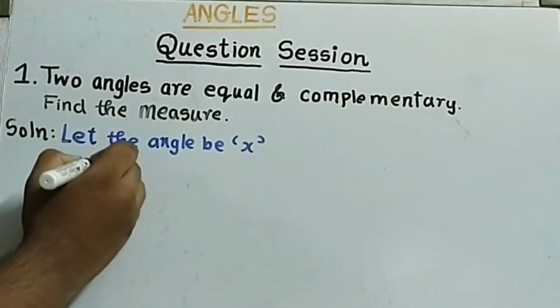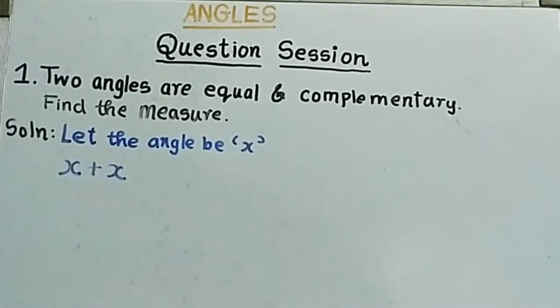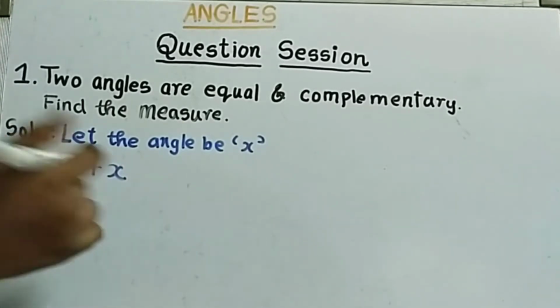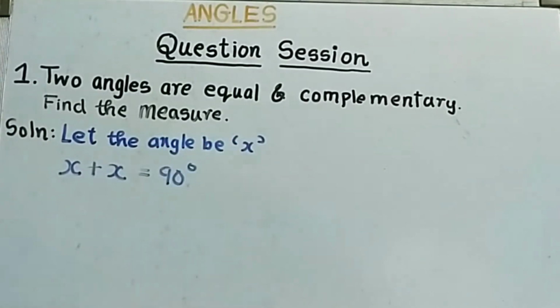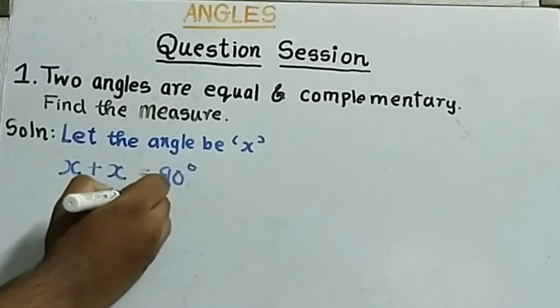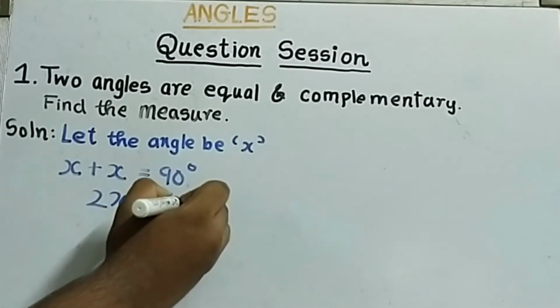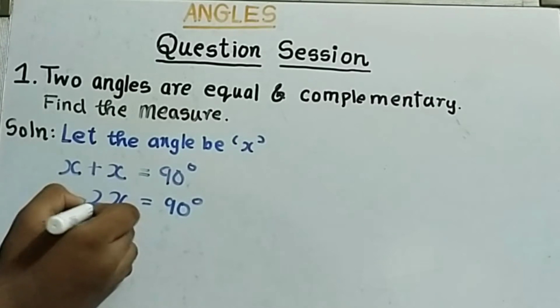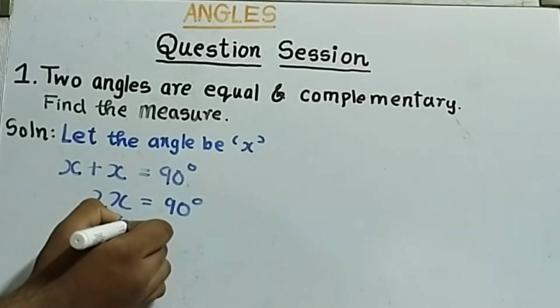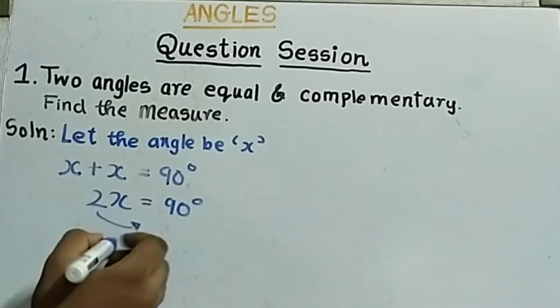So x plus x. And what is meant by complementary? Complementary angles are those whose sum is 90 degrees. So x plus x is equal to 90 degrees. We know that x plus x is 2x, which is equal to 90 degrees. Then this 2 goes to the other side as division.